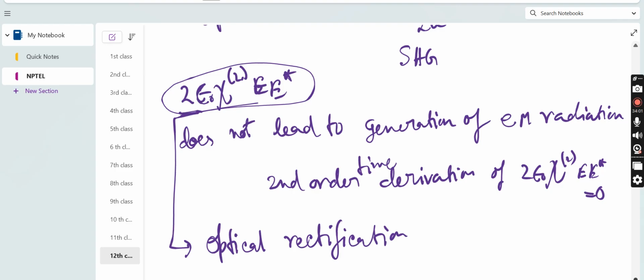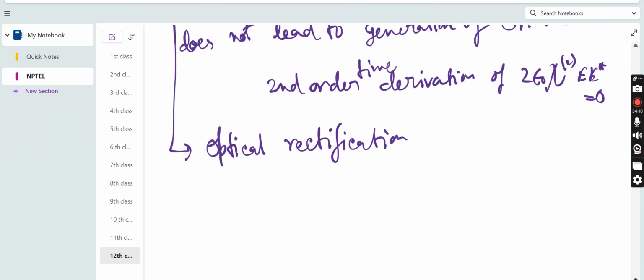So we will not get any electromagnetic radiation. But we will get another phenomenon called optical rectification, and why we need that.